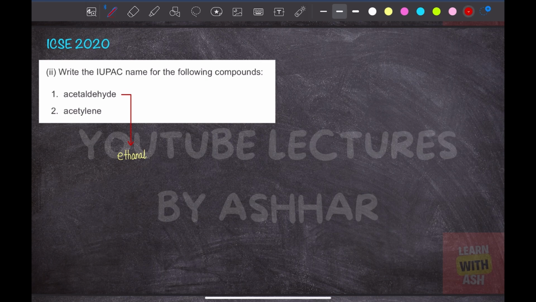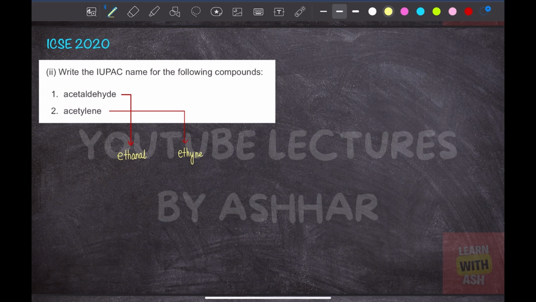On the other hand, acetylene is also a common name. It is a common name for that compound which contains 2 carbons. Along with that, it has a triple bond present in it. So I can write ethyne. For that, the structure will be in this manner.